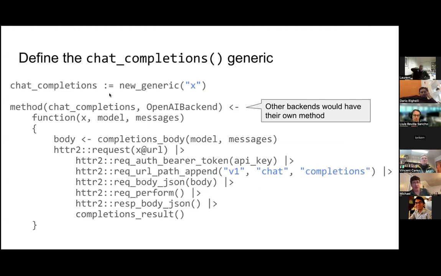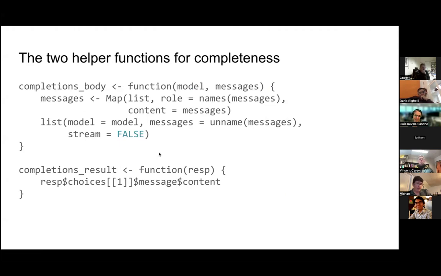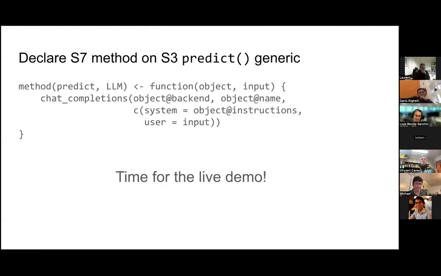Then here's how we define generics, as you've seen before. We can have our chat completions generic, which is just going to use header two. This is literally all the code you needed to call the OpenAI API, plus a couple helper functions. You can also define methods on the S3 generic, the predict S3 generic.